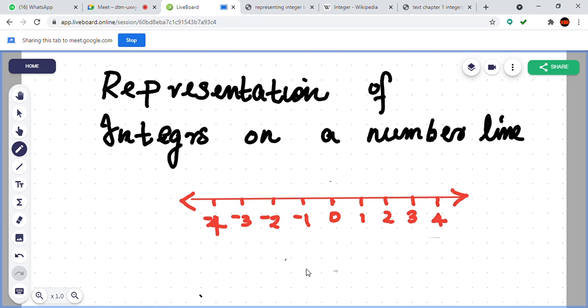Okay, in 7B also, all are present today. Okay, very good. All of you completed? Yes, miss. Okay, that's good.